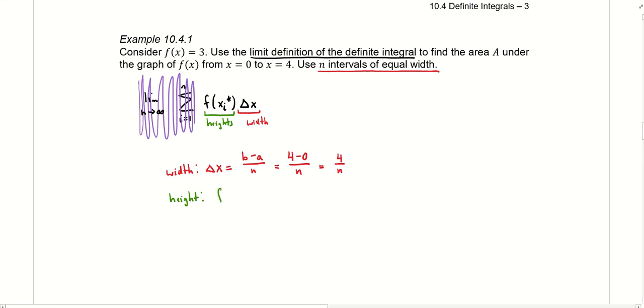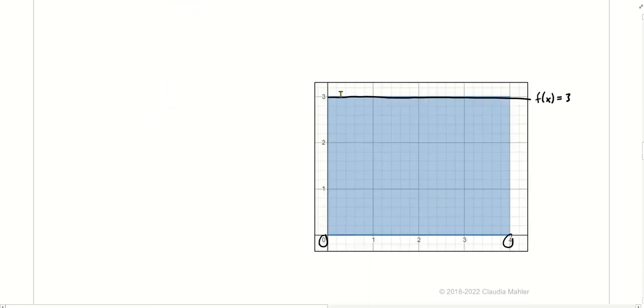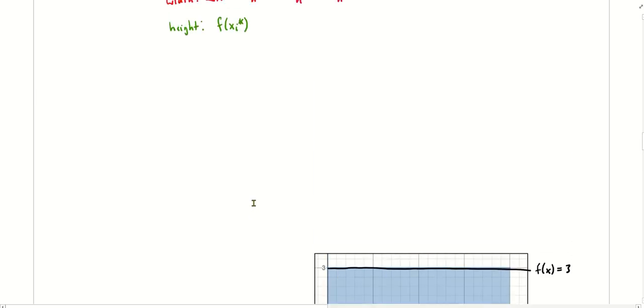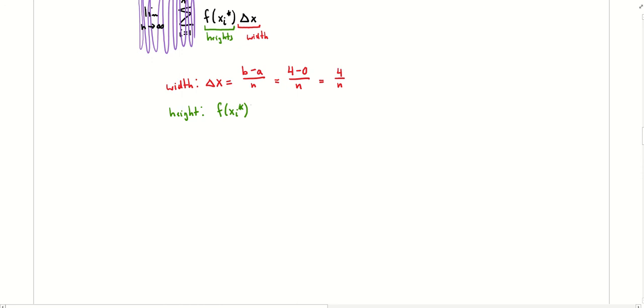But when we talk about this particular function, f of x equals 3, and we can see this from the graph, no matter what x I choose, the height is always going to be 3. So no matter what x value I choose to assess the height of my rectangles, the height is always going to be 3 just by virtue of this particular function. So my height is always going to be 3.